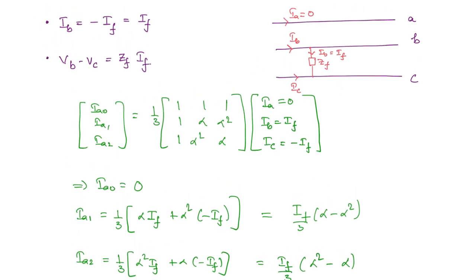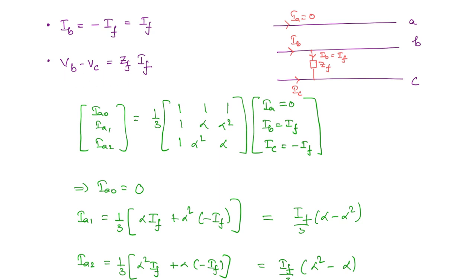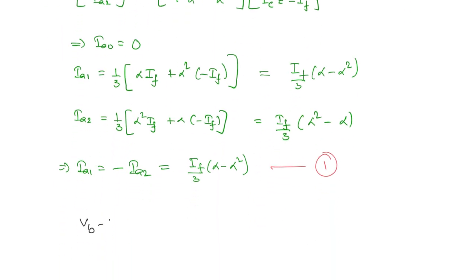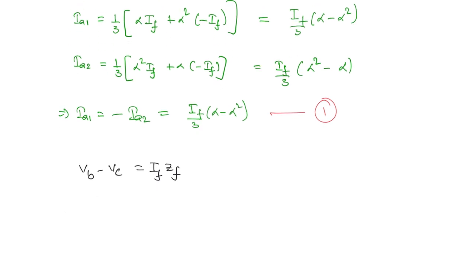Next we will make use of this relation, VB minus VC is ZF into IF. So here I am just repeating this, VB minus VC is IF ZF. We will express the voltages, these original phasors, in terms of the symmetrical components. So what will this become?